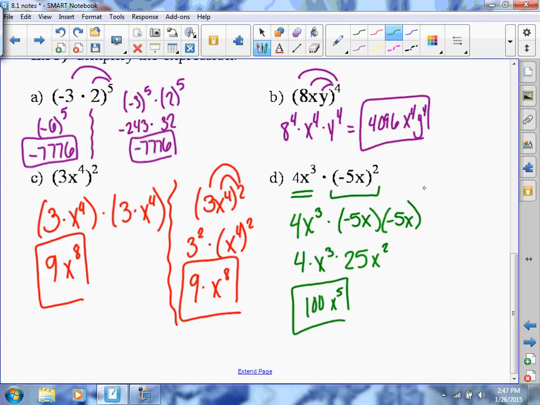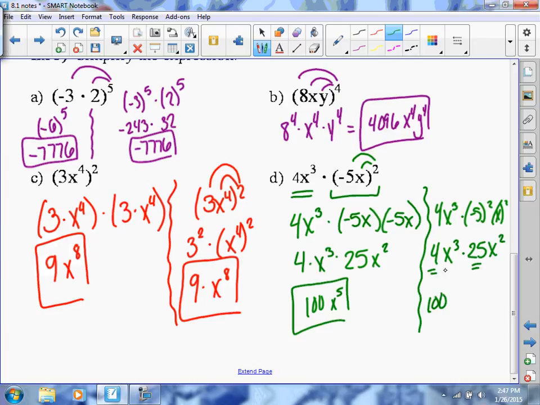That's one way to do that problem. The other way is, like we did before, to distribute that squared. So you would have 4x to the third times negative 5 squared times x squared. So you still have 4x to the third and 25x squared. And then you have your numbers here that you're going to multiply, and then your variables.